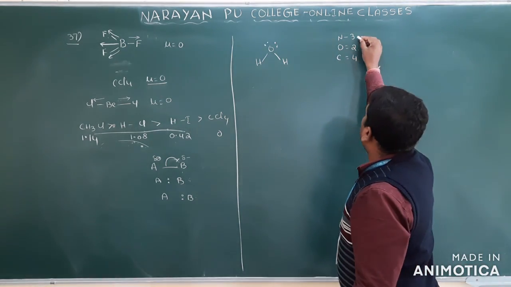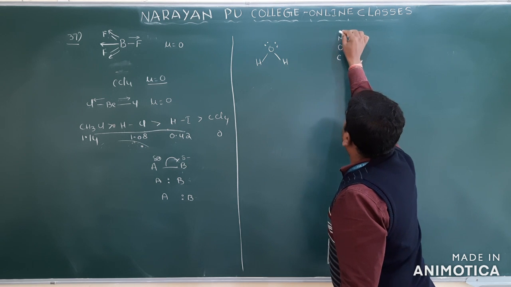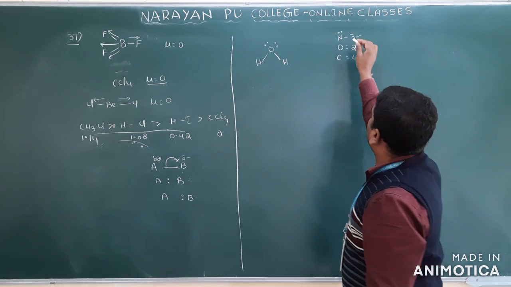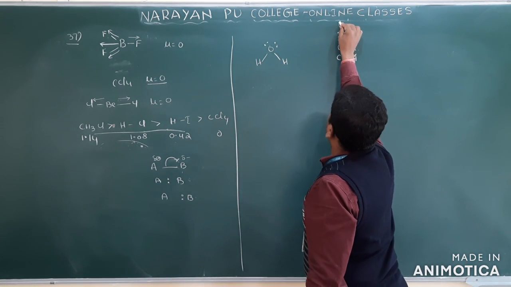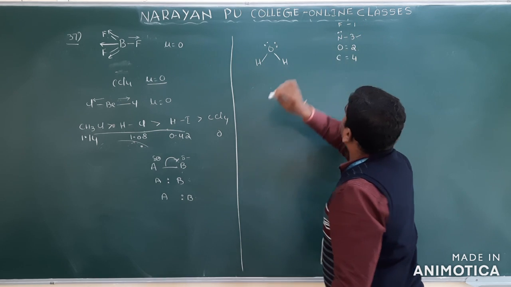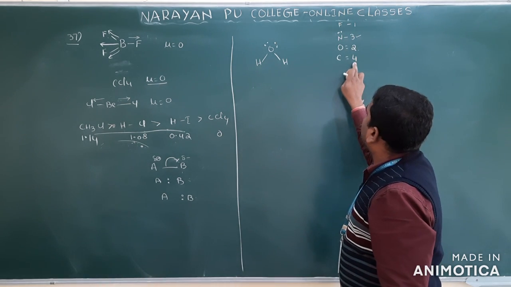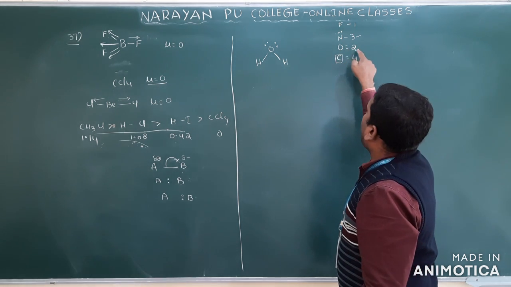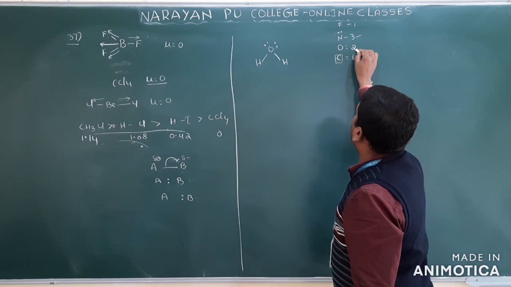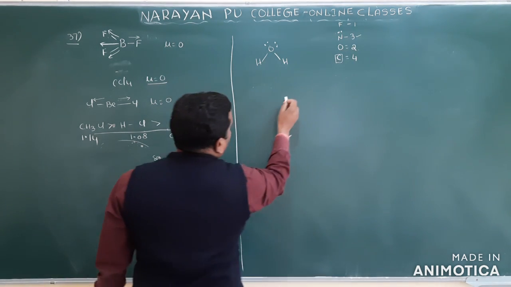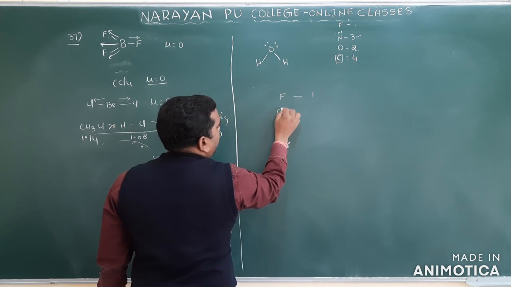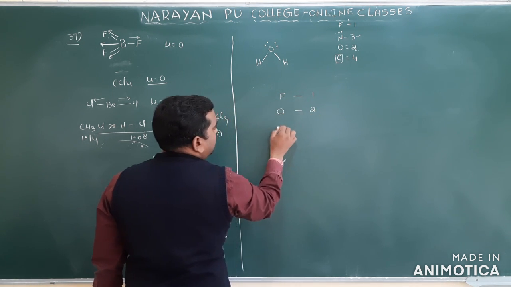Fluorine will form 1 bond. Carbon, when it forms 4 bonds, will not have any lone pair of electrons. Oxygen has 2 lone pairs. I will write very clearly here. So F is fluorine with 1 bond. After that, oxygen will form 2 bonds.